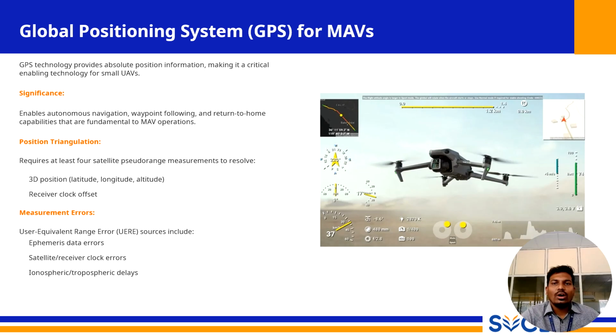The first is the ephemeris data error, which includes inaccuracies in the satellite's reported position. The second is the satellite and receiver clock error. Despite the correction, a tiny residual timing error remains.